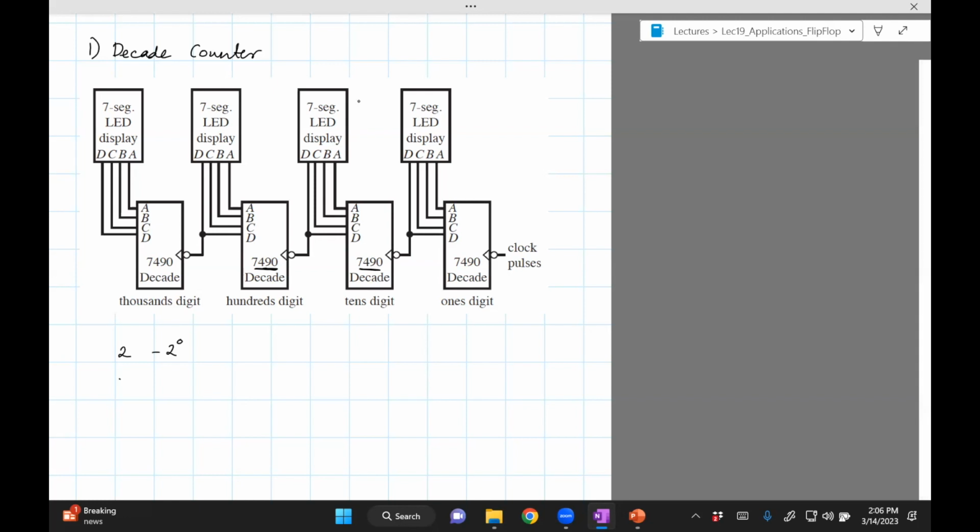To count from 0 all the way to 3, we would need 2 outputs, 2 squared. To count from 0 to, what's the next one? 2 cubed, 8. So 7, you need 3 outputs, 2 cubed.